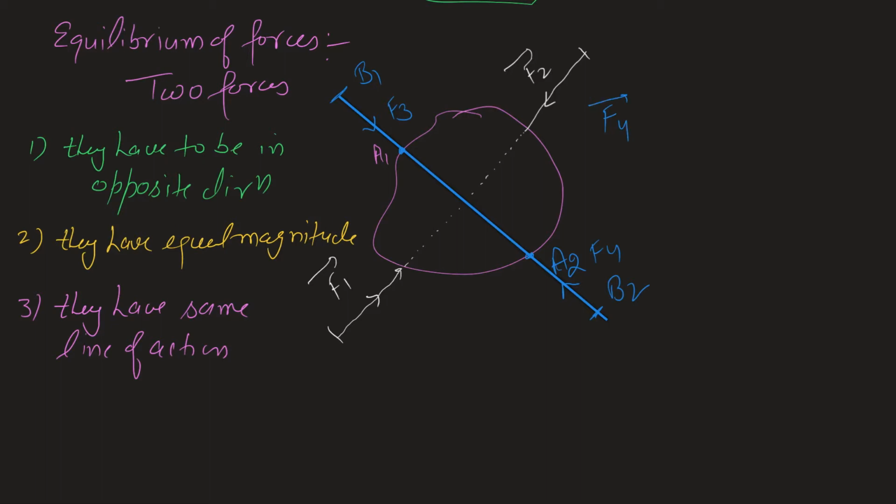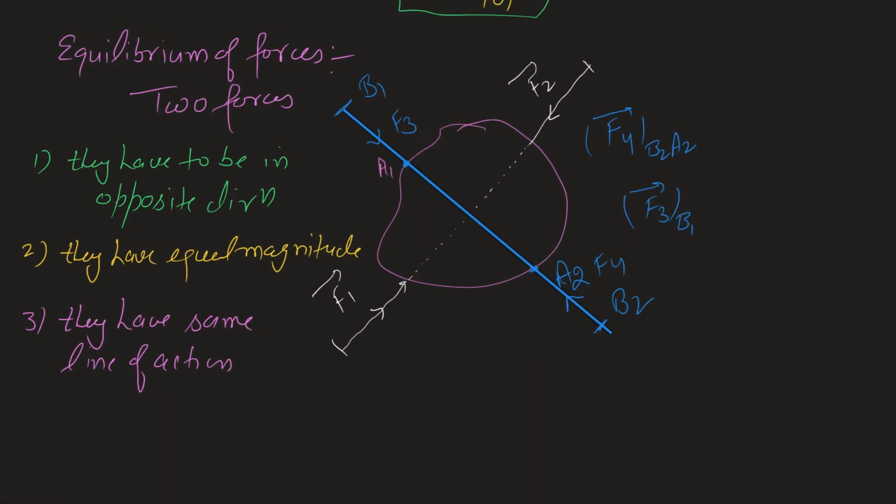F4 is in the direction, if I write in the subscript notation, you will see it is from B2 to A2. So I have to write B2 to A2, and F3, you will see, is from B1 to A1. So I have to write B1 to A1.